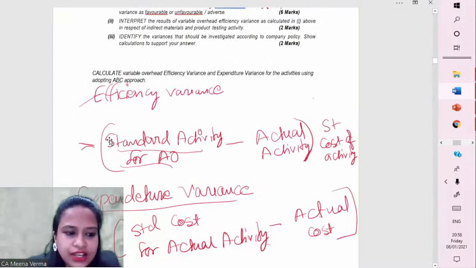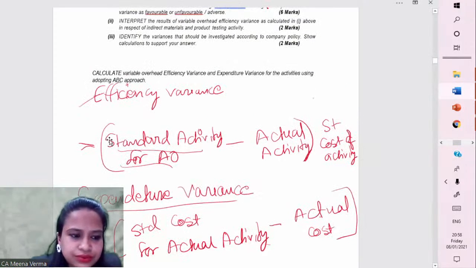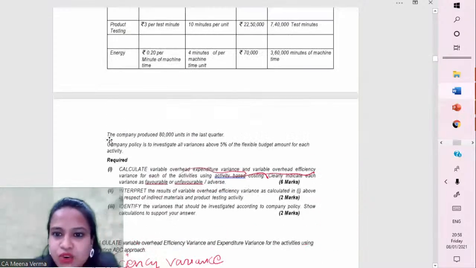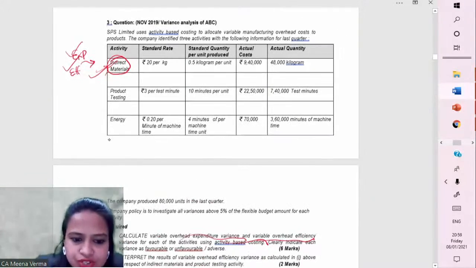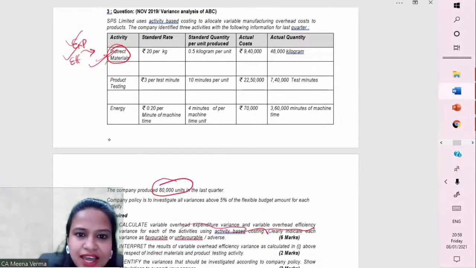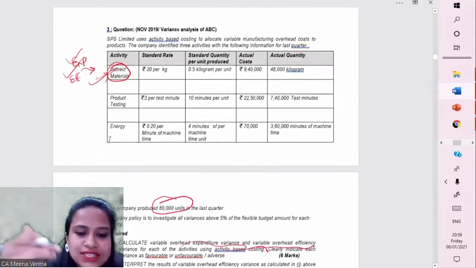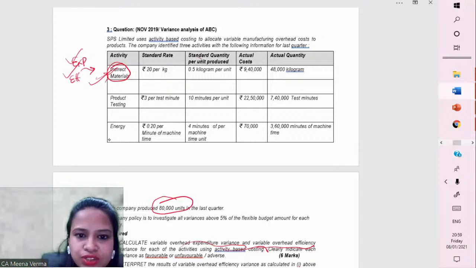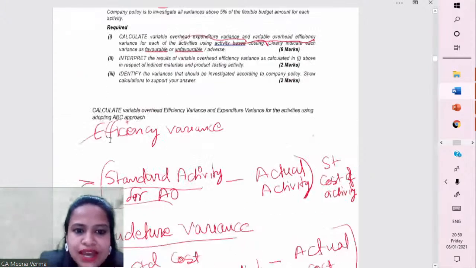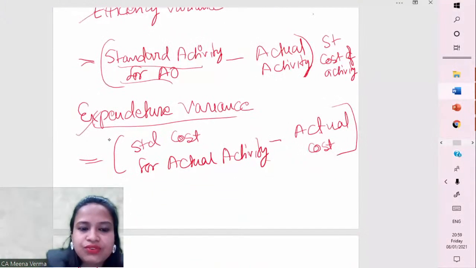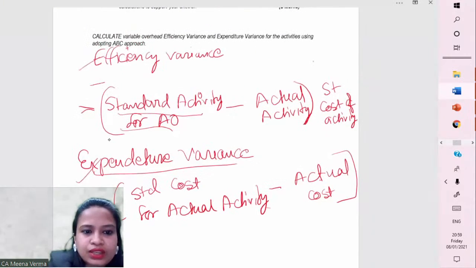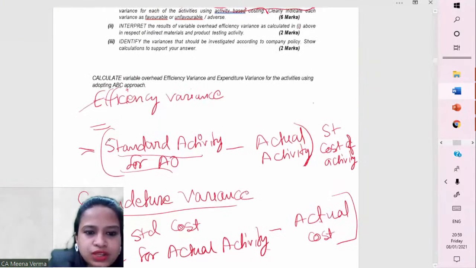Standard activity for actual output. What is my actual output? In this question, you have 80,000 units. This is the actual output. What is the standard quantity for actual output? Per unit it is 0.5, so for 80,000 units the standard activity for actual output will be 0.5 into 80,000.